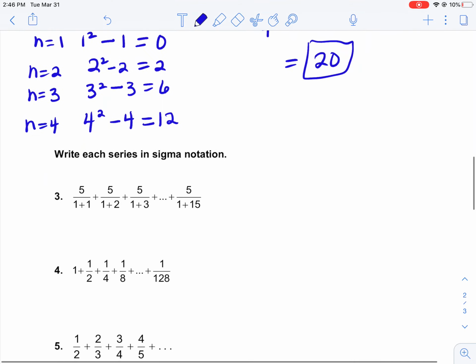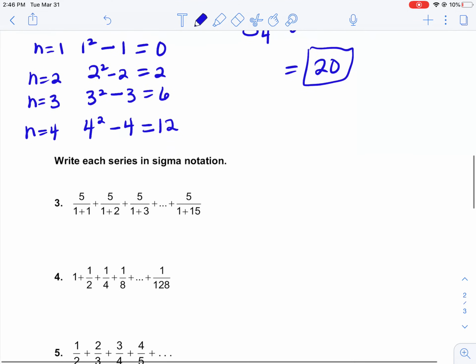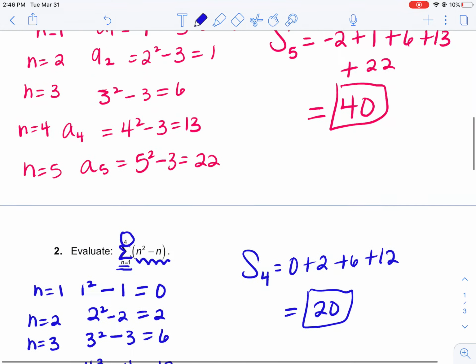Now, the difference between questions 3, 4, and 5 and questions 1 and 2 is I'm working backwards now. Now I want to write it in sigma notation. So I want sigma, and I need some type of a rule for these 1, 2, 3, however many terms that we're adding together.